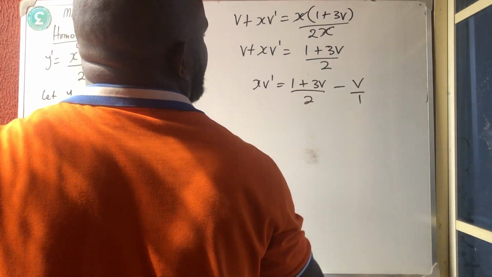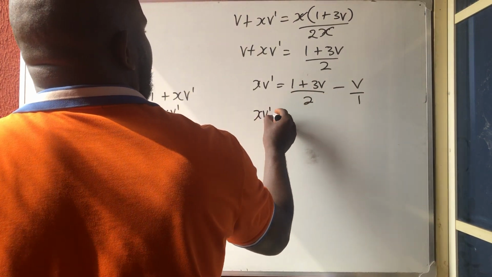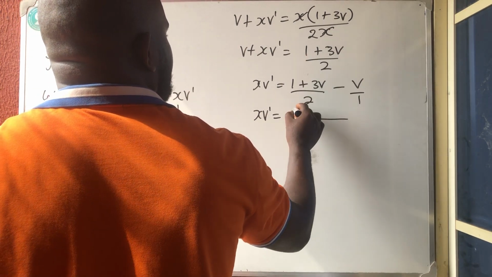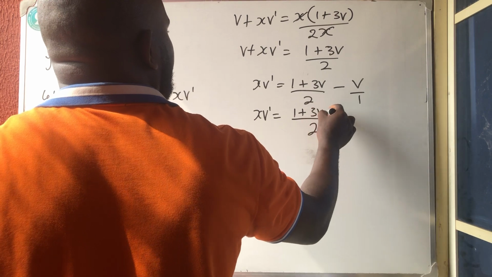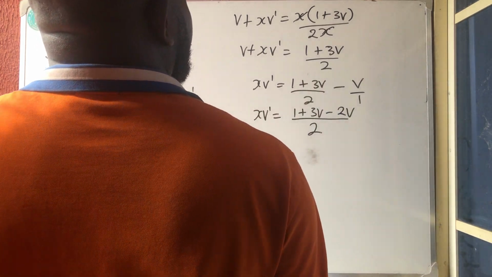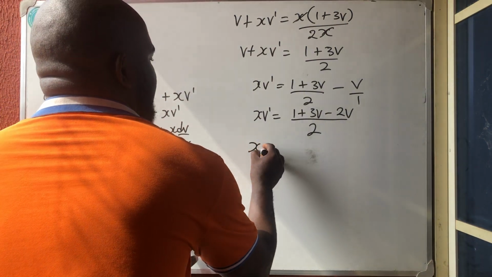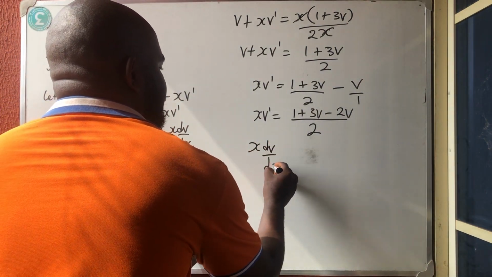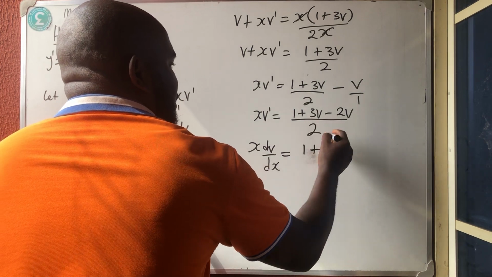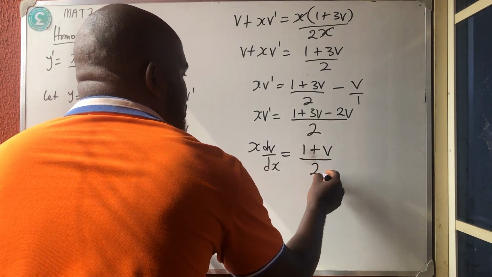So let's solve. x v prime is equal to, LCM is 2. So 2 divided by this 1 times this, 1 plus 3v, minus 2 divided by this 2 times this, 2v. So what do I have now? x dv/dx is equal to 1 plus this minus this, giving me v all over 2.